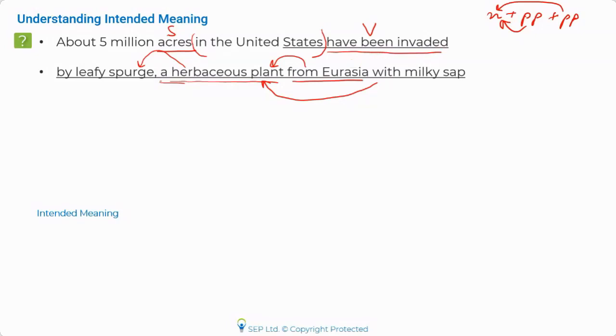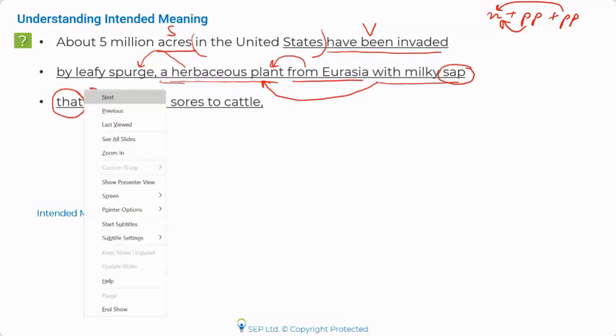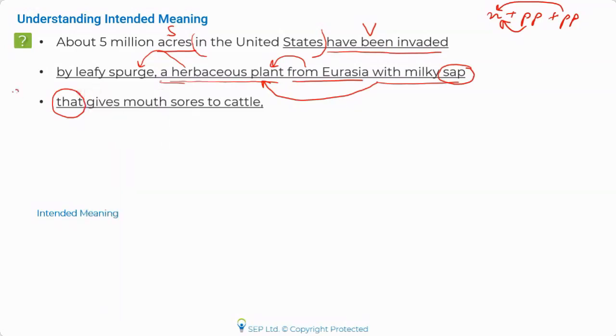All right, great. So far we have a description of the leafy spurge that gives mouth sores to cattle. Now if you see, that is placed next to milky sap, right? So this that is referring to, sorry, sap that gives mouth sores to cattle.